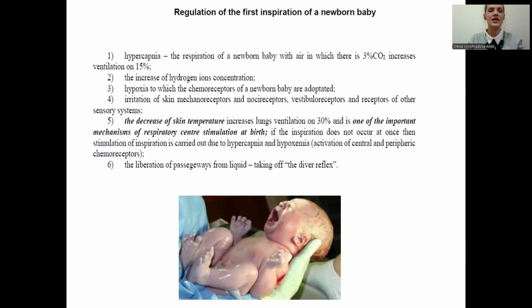When you clean your face in the morning, for example, you automatically stop your inspiration. You don't even control this, it happens automatically. For us, this reflex is not so valid and important, but for a newborn baby, it is an absolutely important reflex.